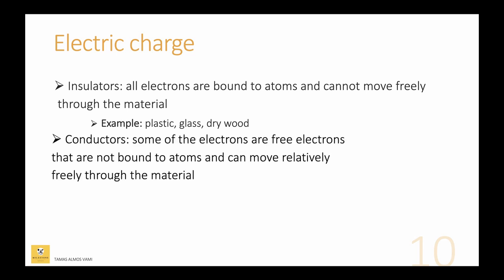When we speak about conductors, this is the situation when there are free electrons, which means that they are not bound to the atoms and they can move relatively freely through the material, and by this they conduct currents. Examples here are metals: copper, earth, aluminum, silver.